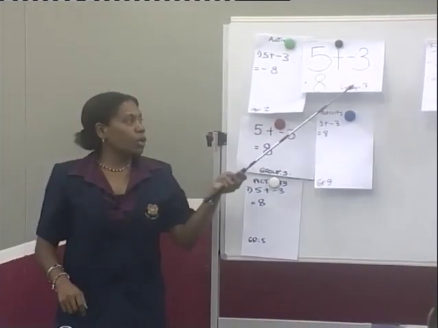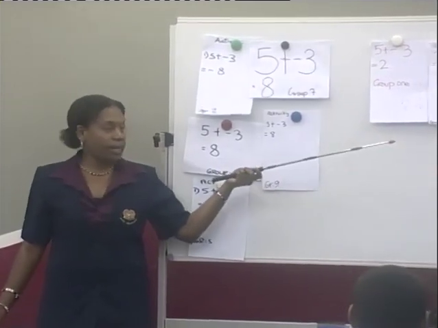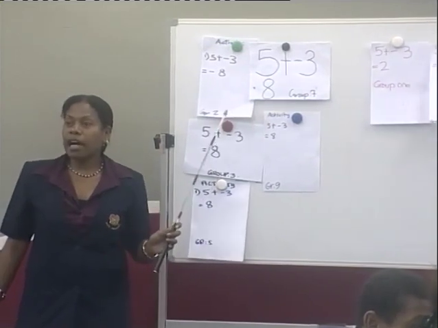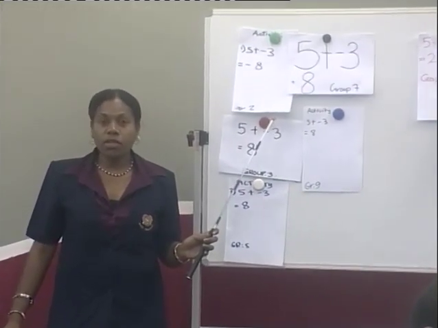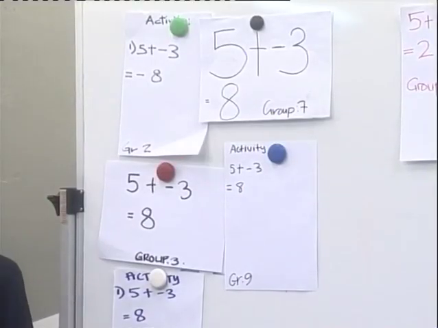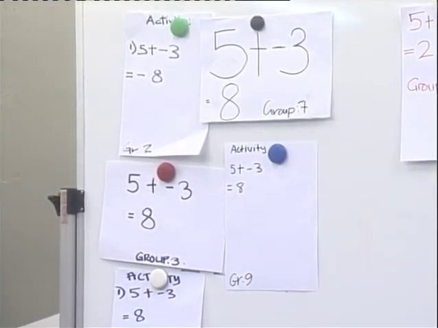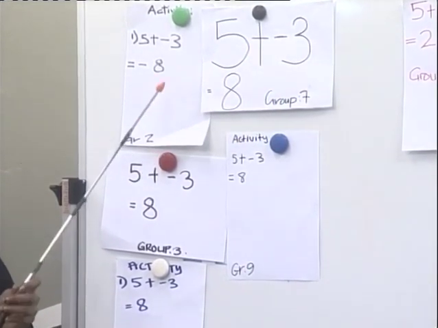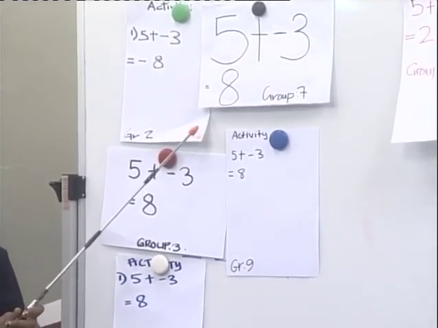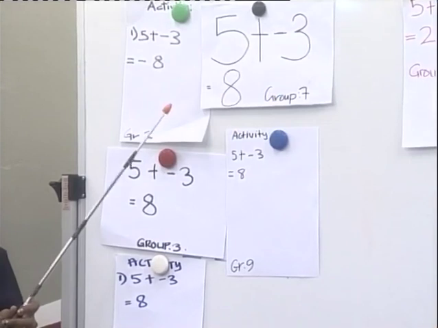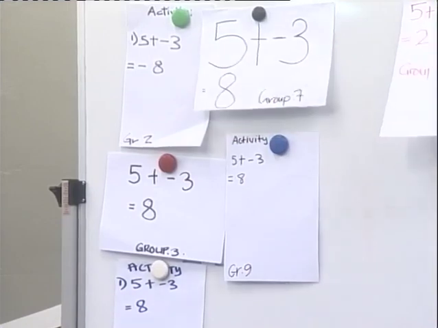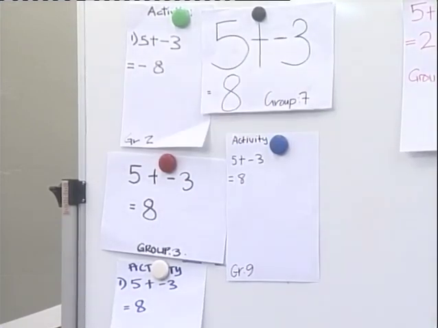Those of you who got 8, can you come up and explain how you got 8? Or let's have one group. If you got your answer as 8, 5 plus -3 is equal to 8, how did you get 8?